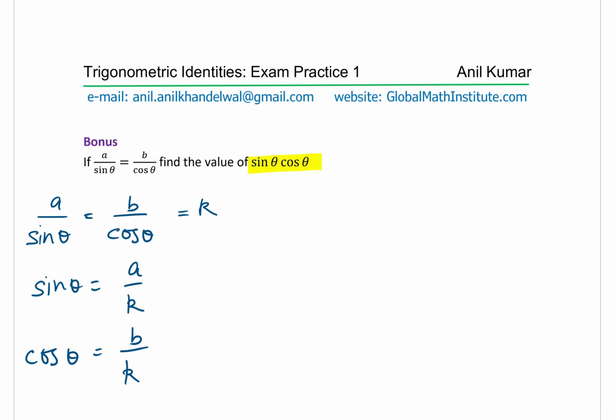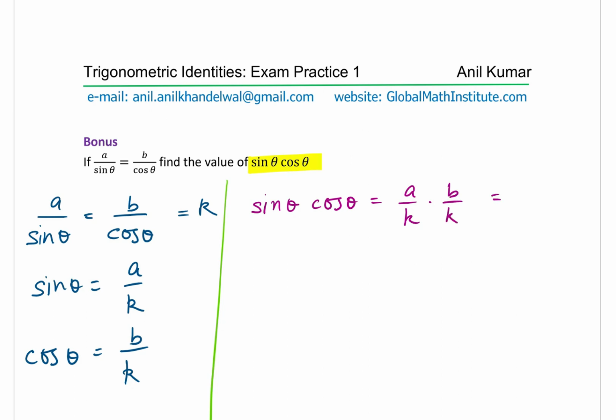Now we also know, as we learned earlier, that sine squared theta plus cos squared theta is 1, right? We just need to find the value of sine theta cos theta. So we know what we need to find. Sine theta cos theta will be the product of these two. So a over k times b over k.